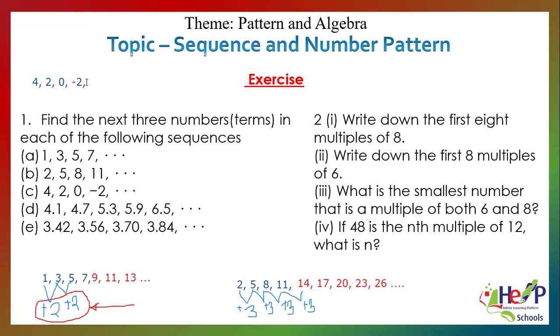The next 3 numbers are -4, -6, and -8. Take us through how you were able to get this. I subtracted 2 from all the numbers to obtain the next 3. Okay, she was subtracting 2 from the previous numbers.